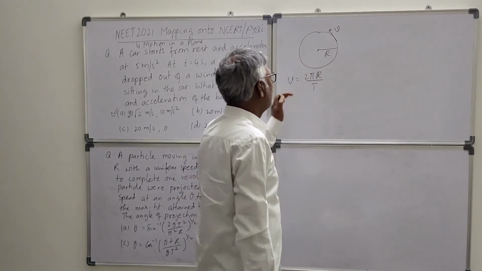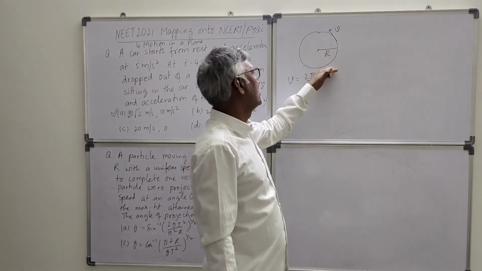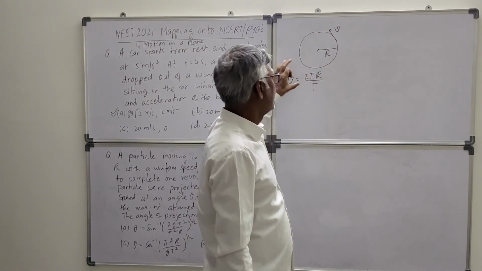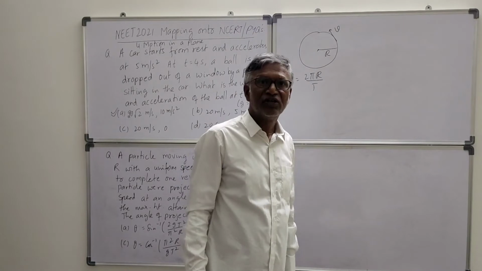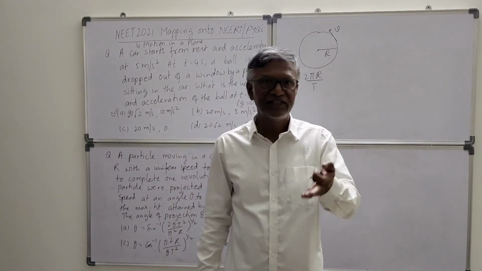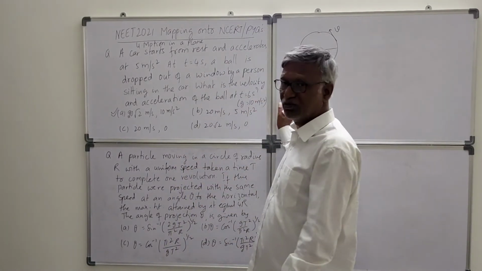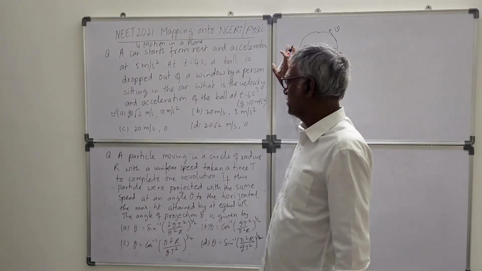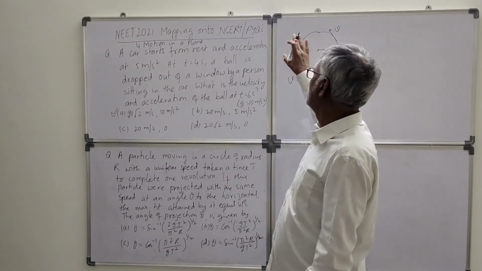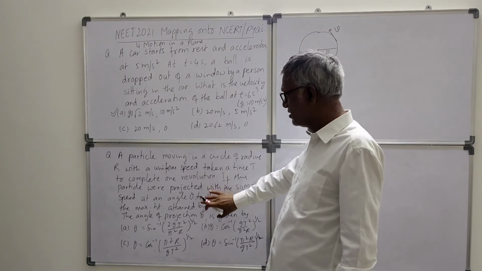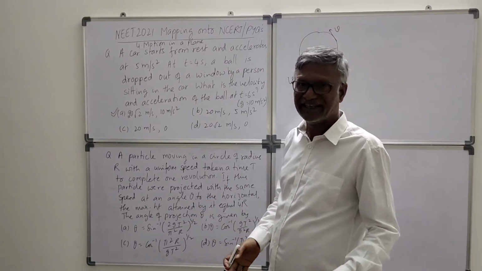Speed is always given as perimeter divided by time period. This is given in circular motion of the fourth chapter itself. This is the first part. Next part, he is mixing uniform circular motion with projectile motion. That's all. Nothing else is there.